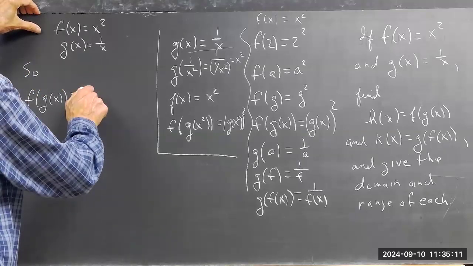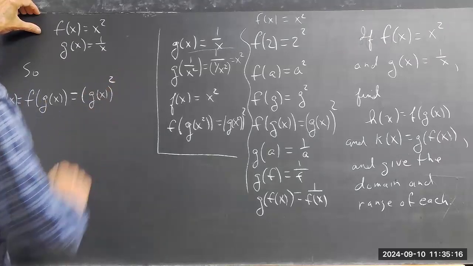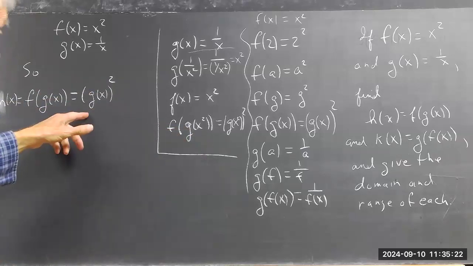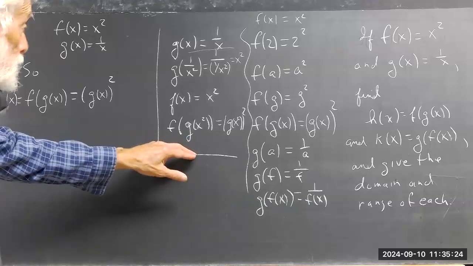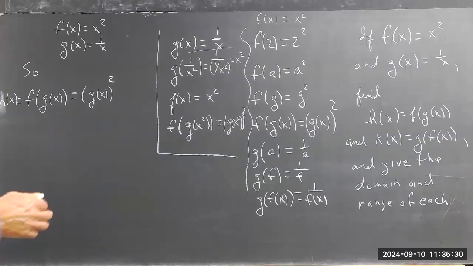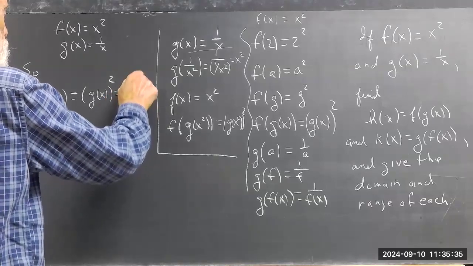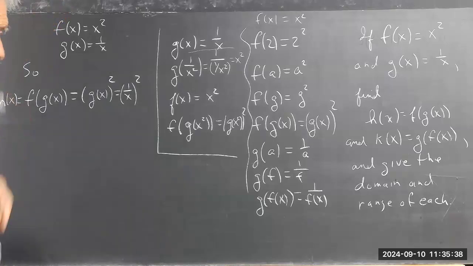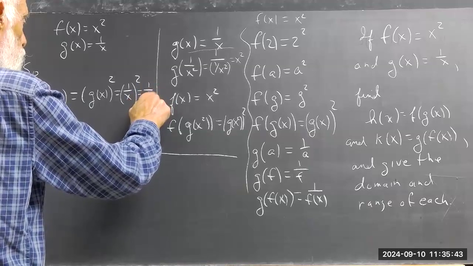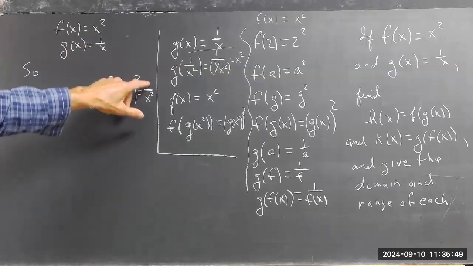And you want to write that out as g of x squared, not g of x squared squared. Okay? g of x squared. It's not this, it's not this. And of course, then you can substitute for g of x. And that's quantity 1 over x squared, which we'll just write as 1 over x squared. It's 1 squared over x squared, but 1 squared is just 1. So you have 1 over x squared.